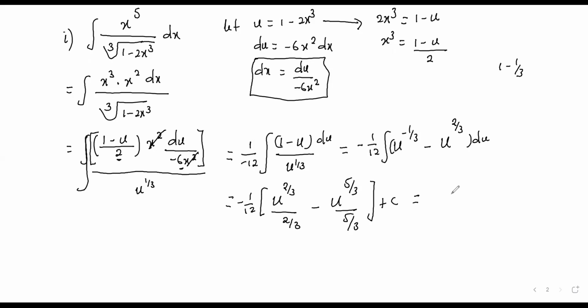So we can bring back our u. Wherever there is u, we put the right u. So we'll have minus 1 over 12.